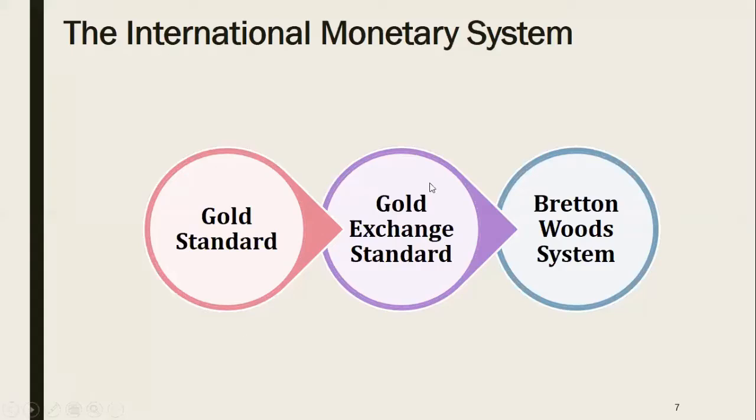To print that money, there was not enough gold to match it. With that, the gold standard was disregarded because they couldn't continue it due to the higher expenses of the war. Then they came to the gold exchange standard.